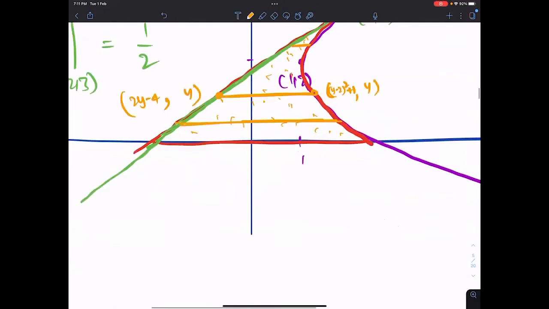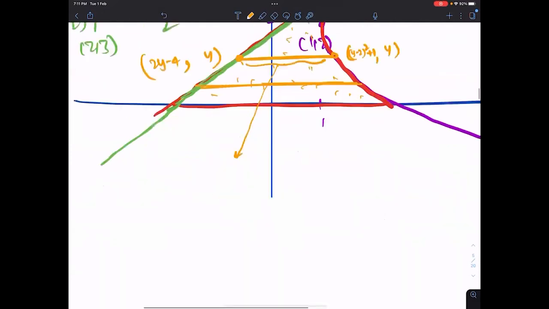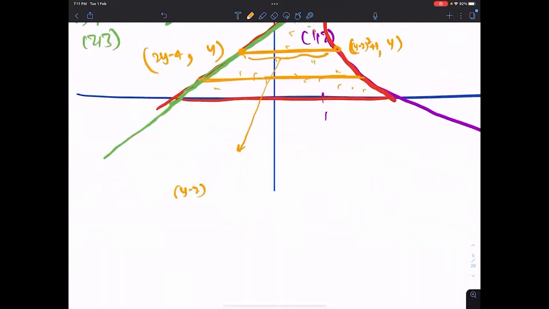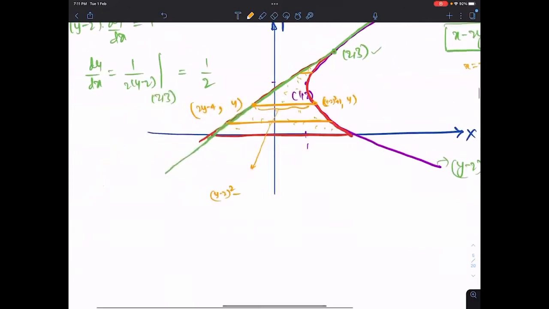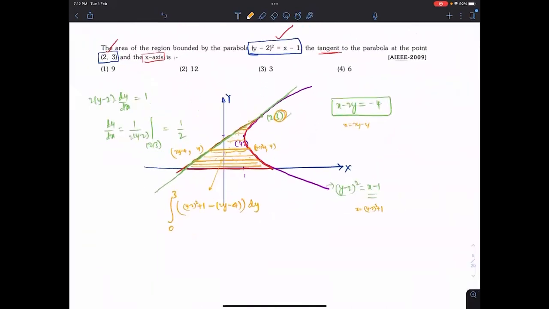So what will be this width? It will be y minus 2 whole square plus 1 minus the left side x coordinate, 2y minus 4. Now what is the width of the rectangle? dy. Integration from where to where? From 0 to 3, since in this area the y coordinate is changing from 0 to 3. Simple integration, you'll get the area.